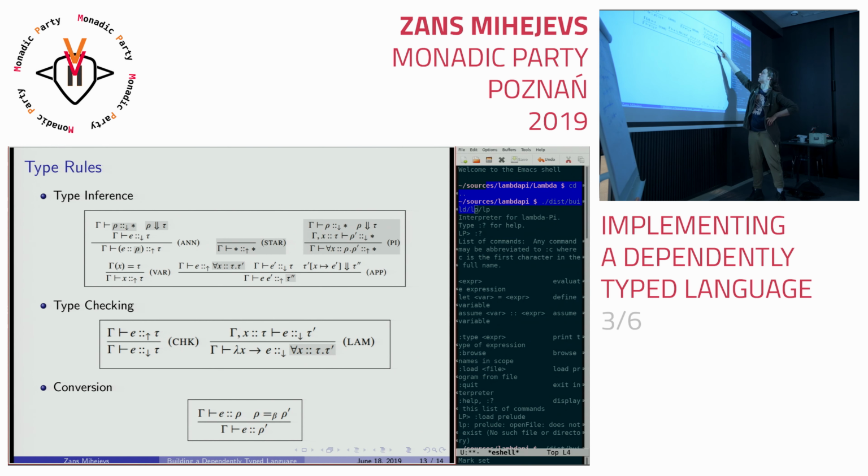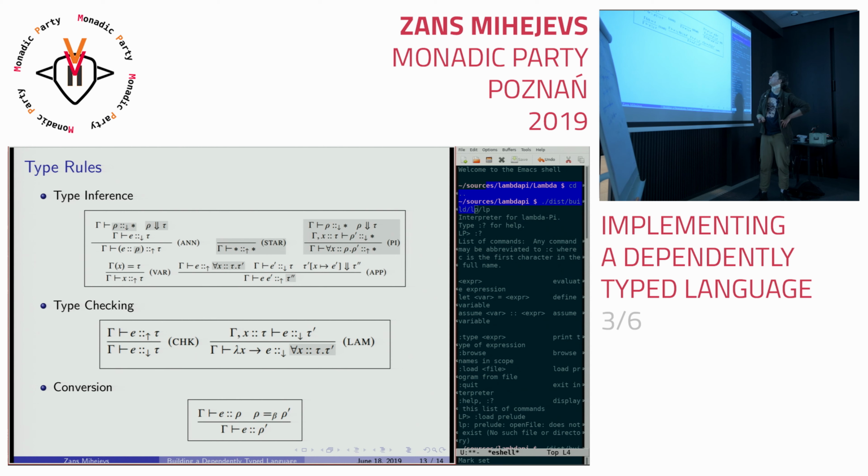I guess we've introduced a new rule here, and essentially the question is, what does it mean? How can we infer that the product space is an actual valid type?